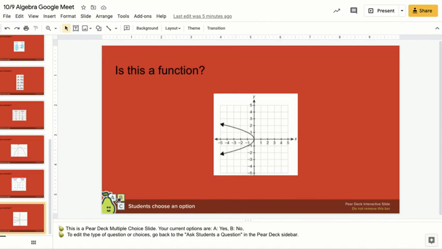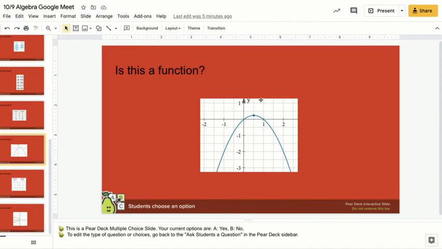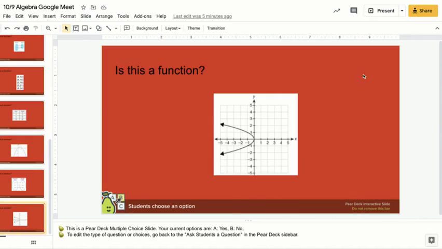You will also learn about the vertical line test today, which says if you can draw a vertical line through your graph and it only crosses the graph once, then it is a function. Notice if I drew a vertical line here, it would have two crossing points, but here if I drew a vertical line, it would only cross once right here, or if I drew a vertical line here, it would only cross once. So this one is not a function.